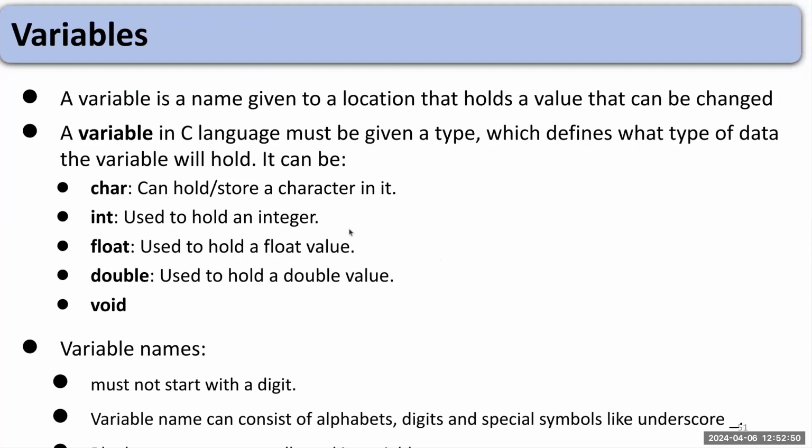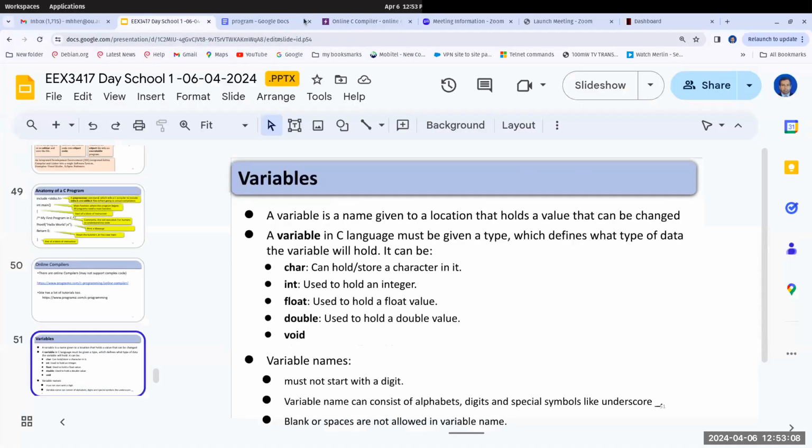Now variables. Variable types are char, int, float, double, void. I will explain by running the online compiler.